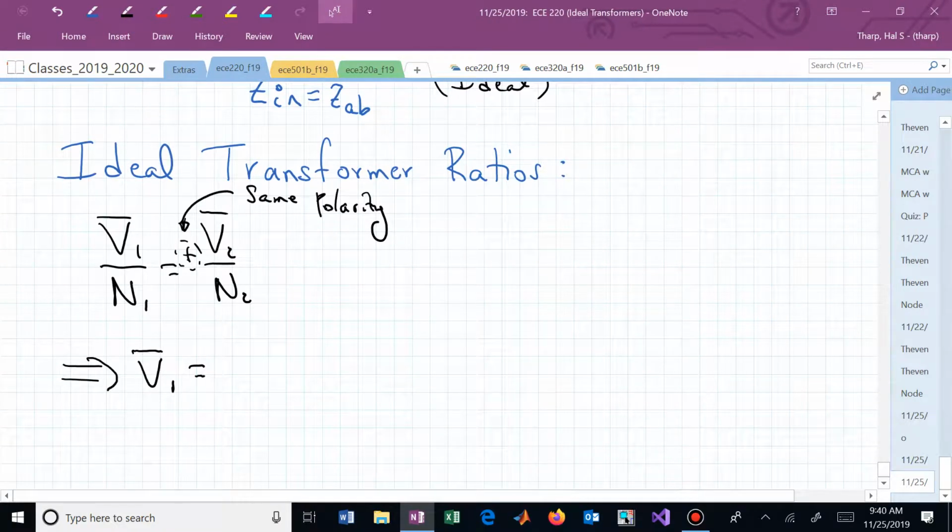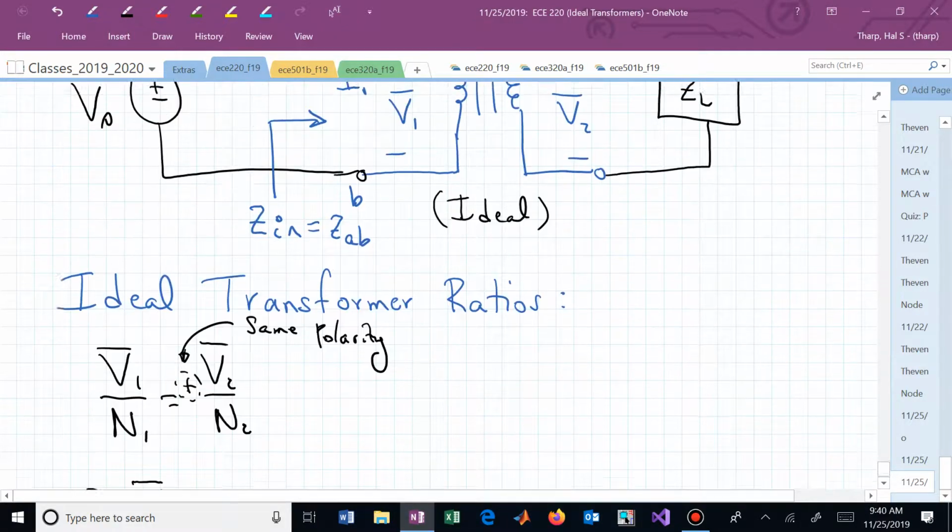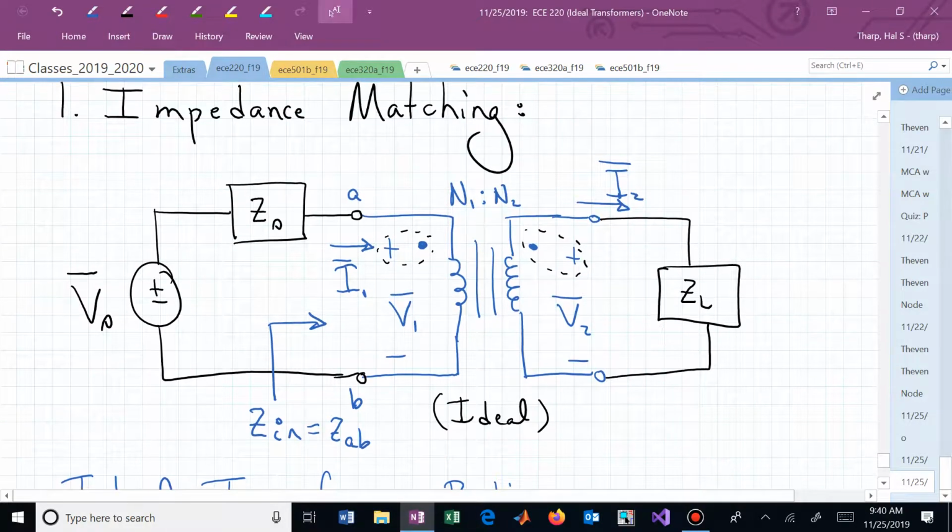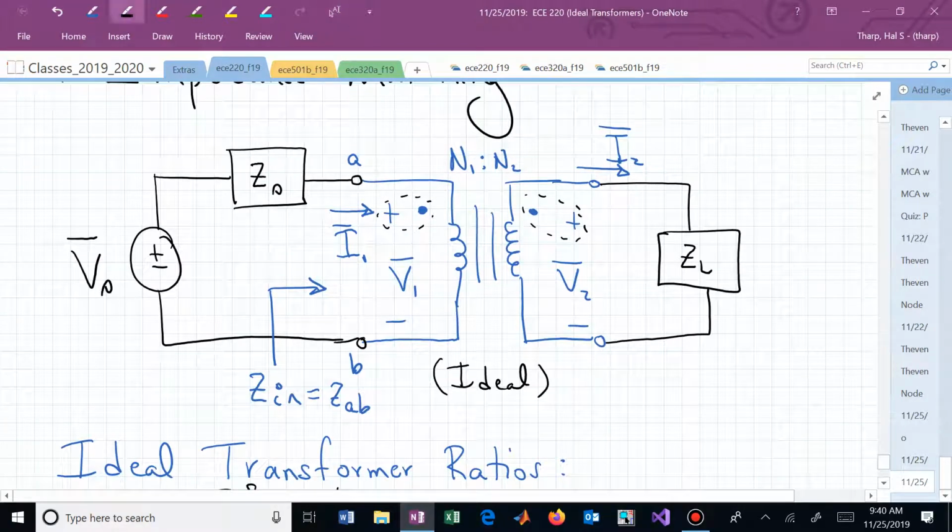Well, one of those might involve V1, obviously, since I'm taking V1 divided by I1. And what's Z sub L? That's Ohm's law. That's just V sub 2 over I sub 2.